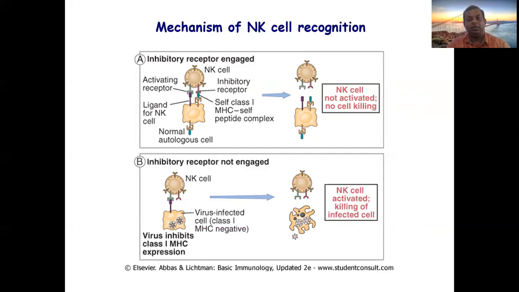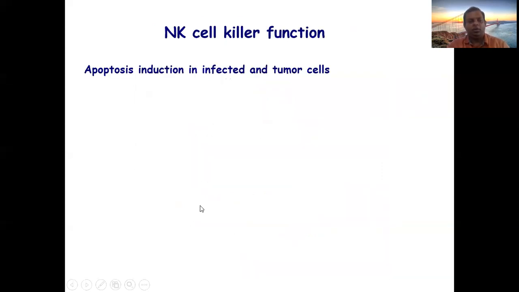That's a signal. Understand the remarkable nature of mother nature. Now it senses there is something wrong, so the NK cell acts on it and kills the infected cell. Tumor cells also don't possess MHC1. That's how it goes.